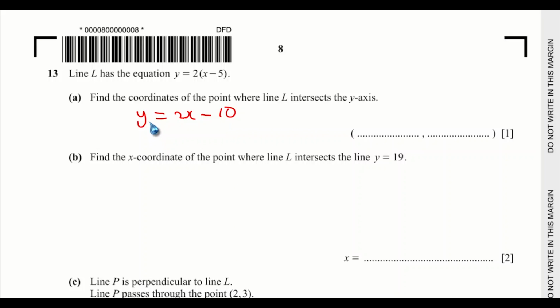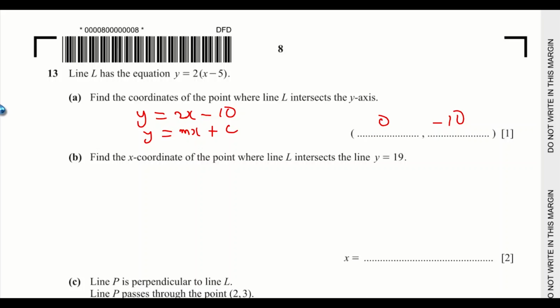Comparing this with the general equation of a straight line, y equals mx plus c, c is the intercept on the y-axis, so c equals negative 10. So the coordinates will be x equals 0 and y equals negative 10. That will be the coordinates of the intercept on the y-axis.